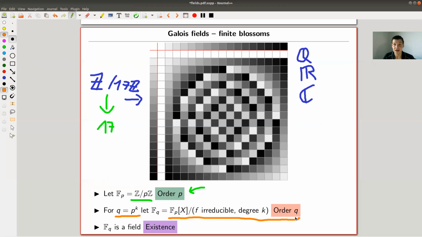That's a field, and it turns out that this field is of order q. Keep in mind, q in my notation is always p to the k. So we just have constructed a field of order p to the k for all p and all k, which are those Galois fields. Yeah, so let's have a look at Mathematica.